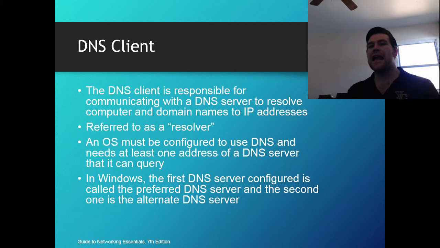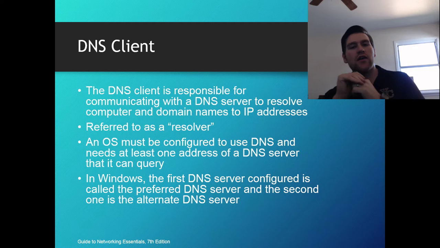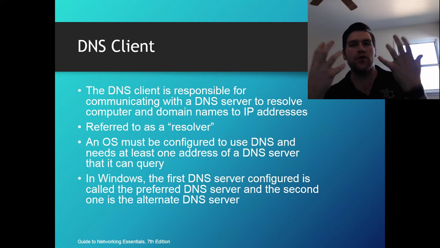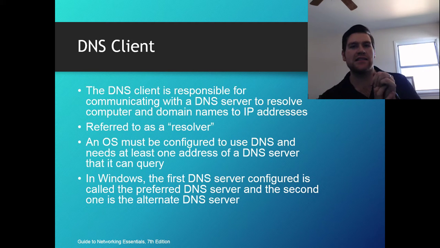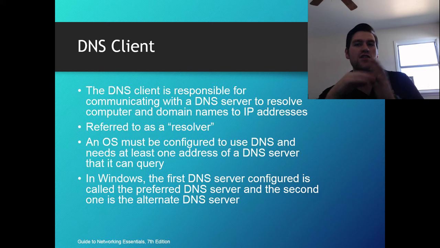So the client end is what's actually going to be producing resolvers. These are queries that search the DNS system for an IP address if it's doing what's known as a forward lookup, and it searches for a domain name if it's trying to do a reverse lookup. Generally, what's used is a forward lookup. That means I type a domain name into a web browser.